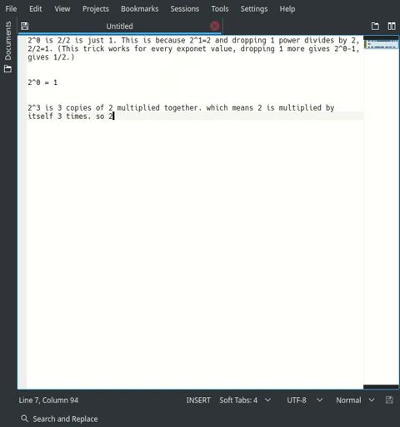So 2 to the 0 is 1 because dropping 1 power divides by 2.